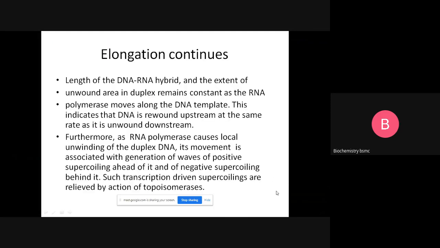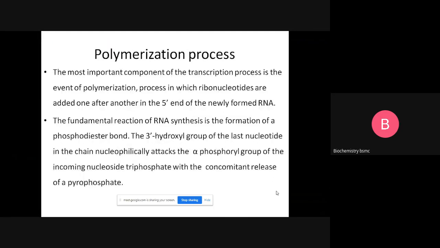So what we see again, the 3' hydroxyl group of the last nucleotide in the chain nucleophilically attacks the alpha phosphate group of the incoming nucleoside triphosphate with concomitant release of the pyrophosphate. So this is very important. With concomitant release of the pyrophosphate. So it is the pyrophosphate which is released here.